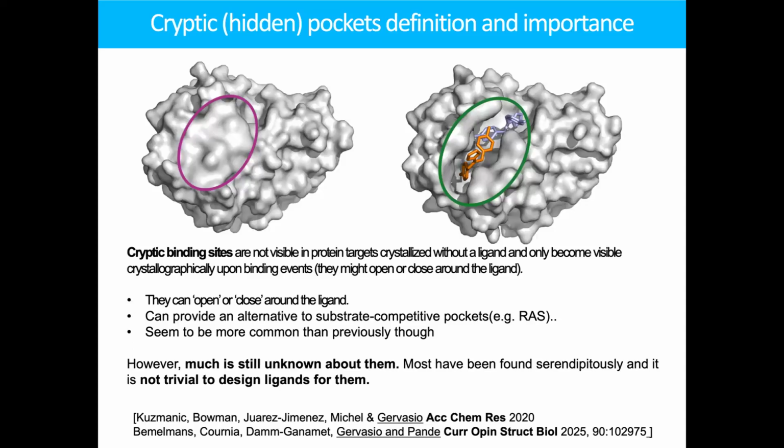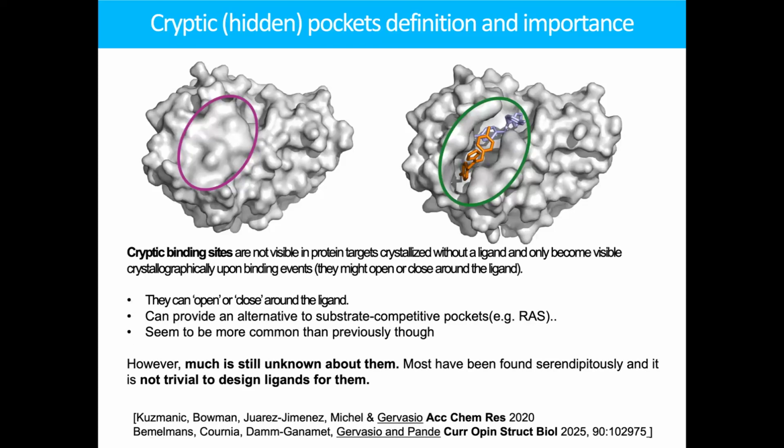They can, of course, provide an alternative to substrate competitive pockets, and there is the case of RAS, a very important oncogene that I will discuss in a minute, which was thought to be completely undruggable until recent times. And also, they seem to be more common than previously thought.